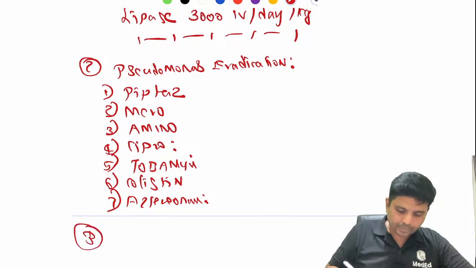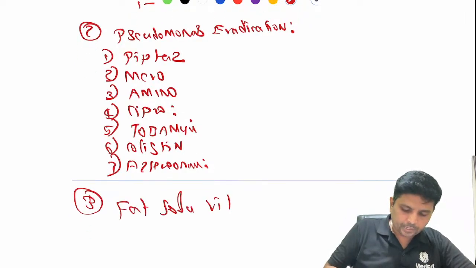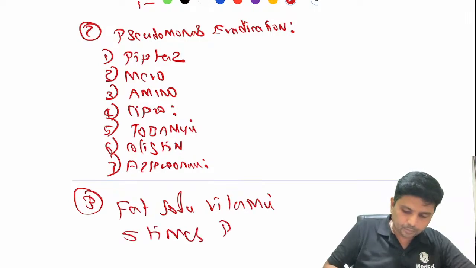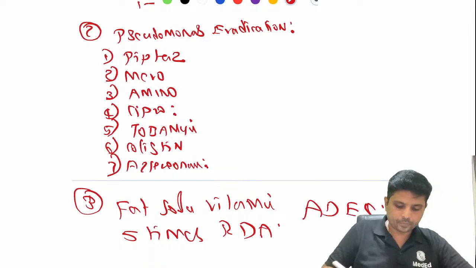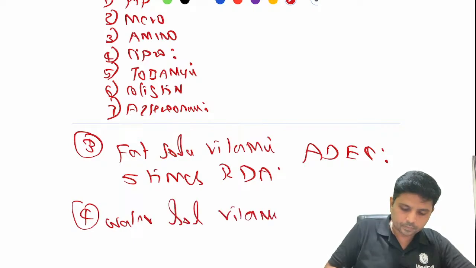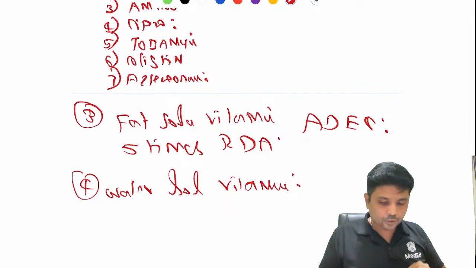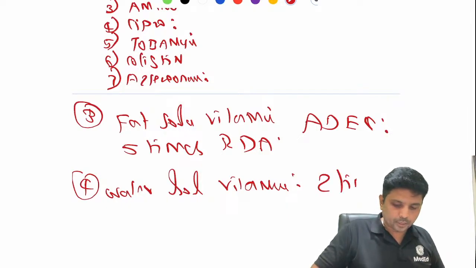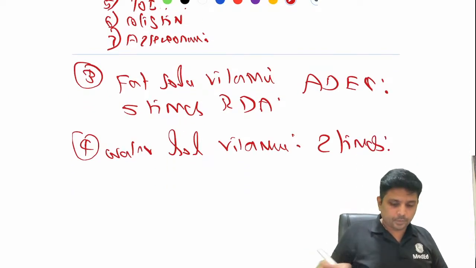And then you need fat soluble vitamins, 5 times the recommended daily allowance, that is A, D, E, and then water soluble vitamins 2 times the recommended daily allowance.